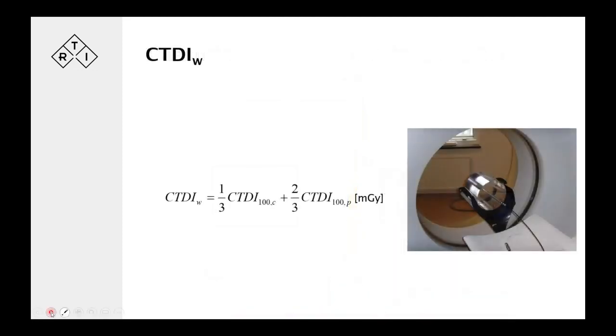So how do we do the calculation of CTDI weighted then? Well, with the CTDI profiler, we'll get the CTDI 100 in the center hole. We get that with the CTDI profiler during the scan. But we need to get something from the peripheral holes.